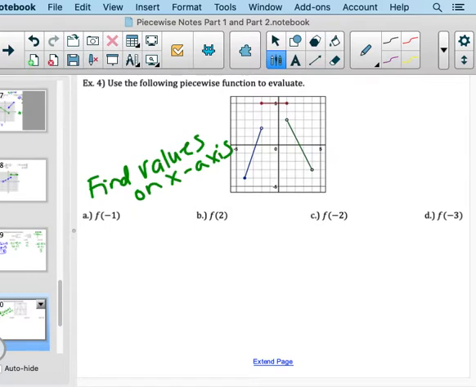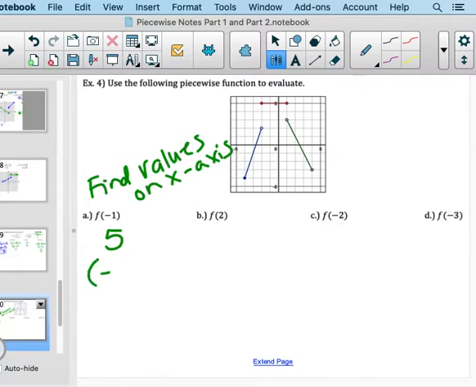So f of -1, I'm wanting to plug in -1, and then I look, where does the graph exist? What does it say the answer is? I go up to the red line, and what is that? What's its ordered pair partner? Go ahead. 5. Okay? So if I plug in -1 on that graph, I get 5.